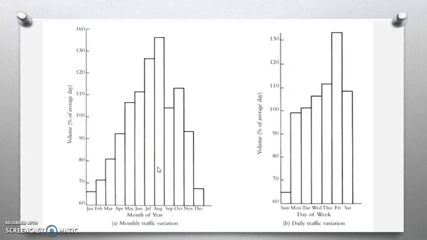This suggests that the traffic volumes taken either during the winter months of January and February or during the summer months of July and August cannot be representative of the average annual traffic. So this is the figure which is shown for the monthly variations.